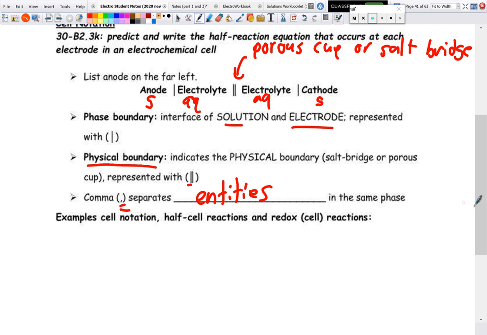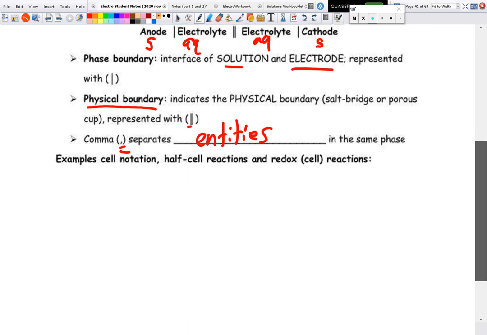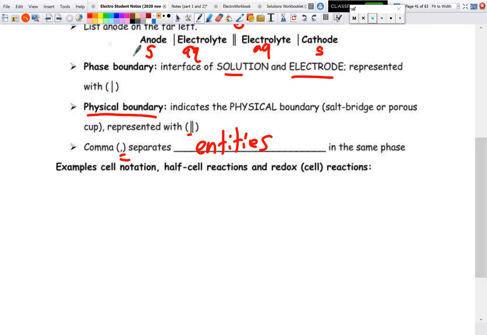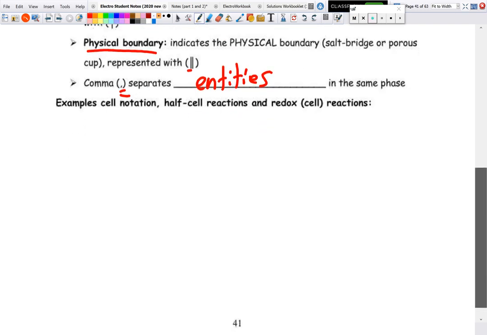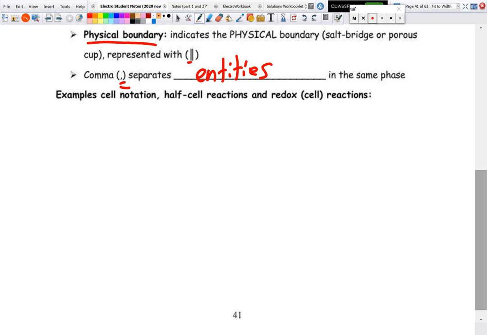All right. Now, for an example, I'm just going to show you how we can actually pick out our half cell reactions and redox reactions and all that fun stuff if we have a cell notation. So in the examples going from cell notation, if we have something that looks like this. Zinc solid, so that's my solid anode.